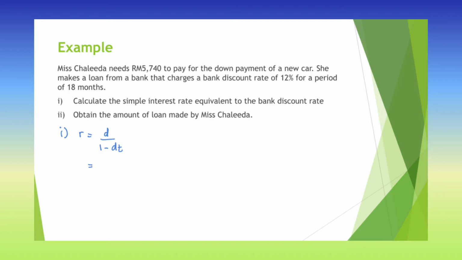So D here is 12%, 0.12 over 1 minus 0.12 times T. T should be in years. So we have 18 over 12 years. So the answer will be 14.63%.